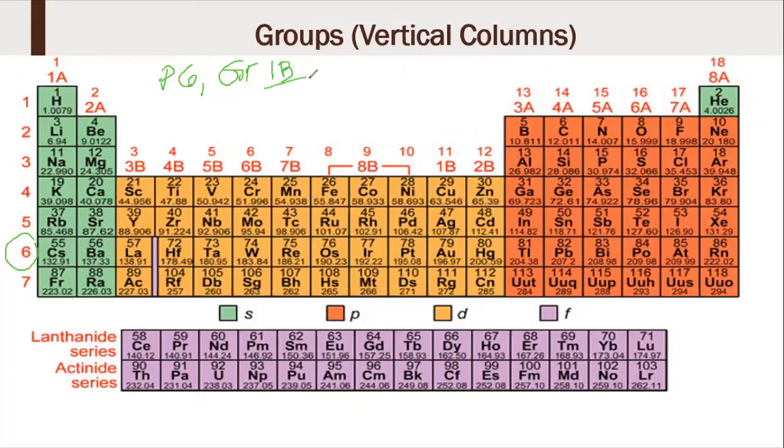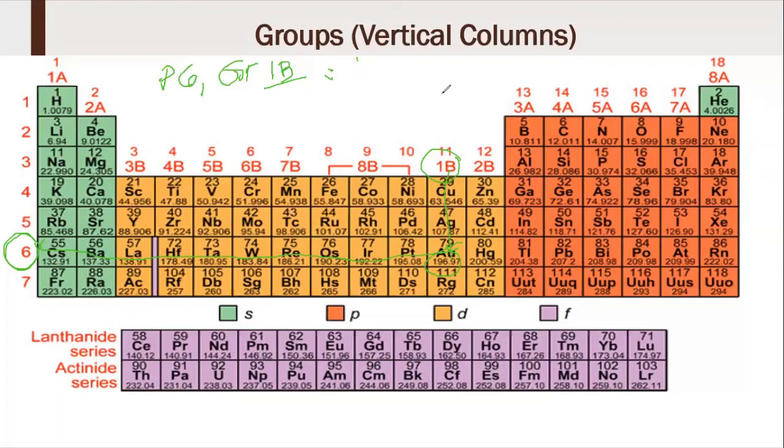What's the answer? Barium. Group 6 and 1B. What do you think is the answer? Gold. Gold. Very good. Ito po yan. Period 6, 1B. So the answer is gold.